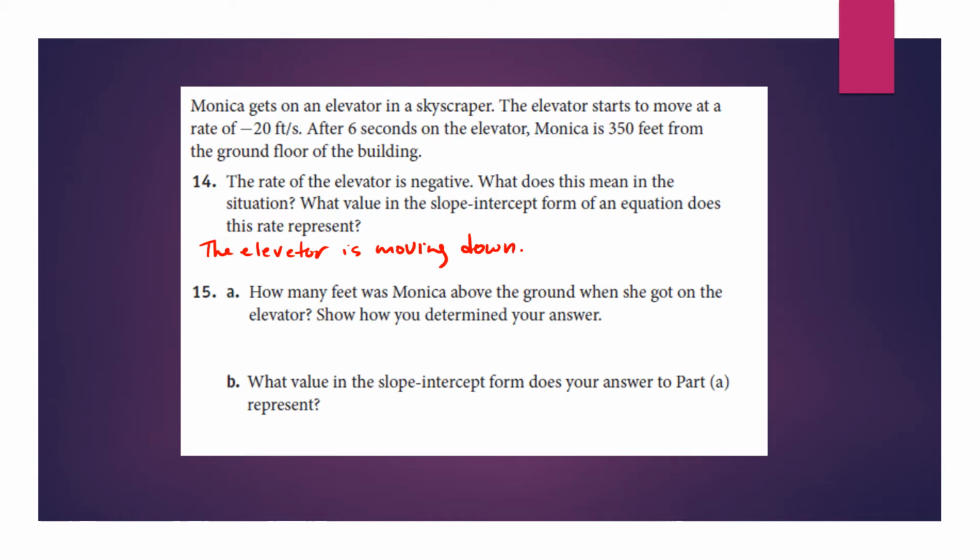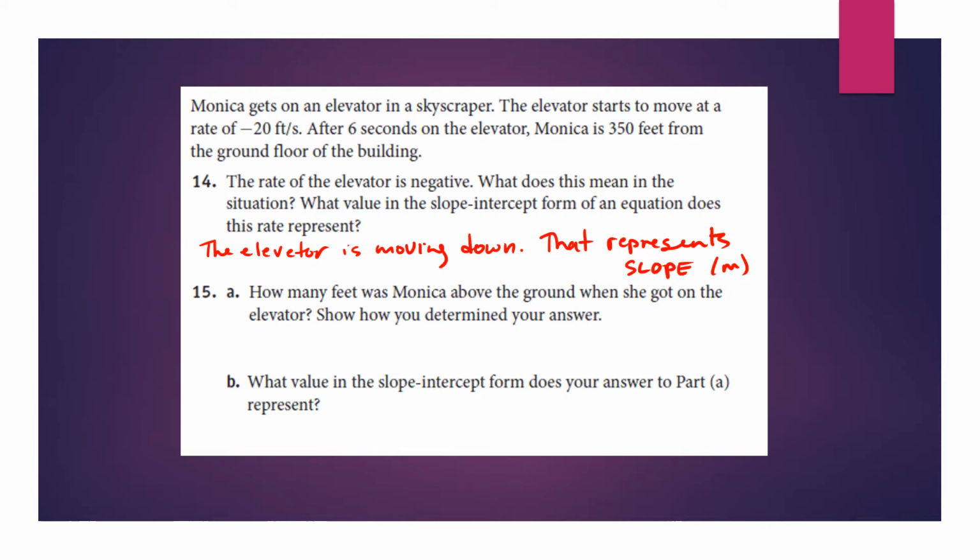What value in the slope-intercept form of an equation does this rate represent? So that's the rate of change, right? That's how the elevator is changing. What does that represent? That represents slope, or m, and y equals mx plus b.